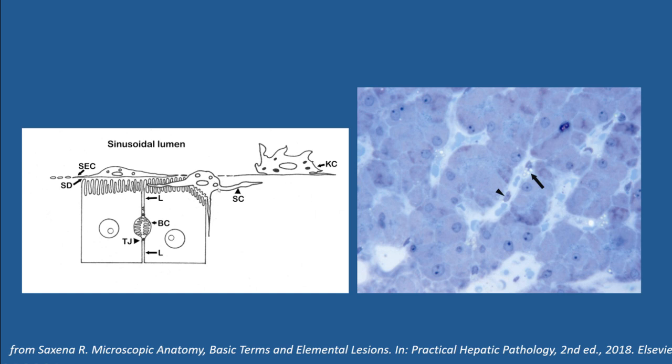And the stellate cells are the ones that are responsible for a lot of fibrosis that occurs in the liver and pathological processes. They also store vitamin A, and they show these little lipid vacuoles because vitamin A is a lipid-soluble vitamin. And if you look at this 1 micron thick section stained with methylene blue, you see these little stellate cells with the little lipid vacuoles.